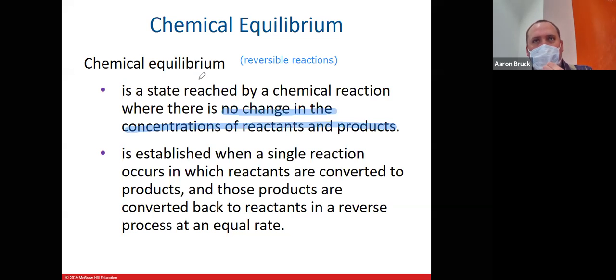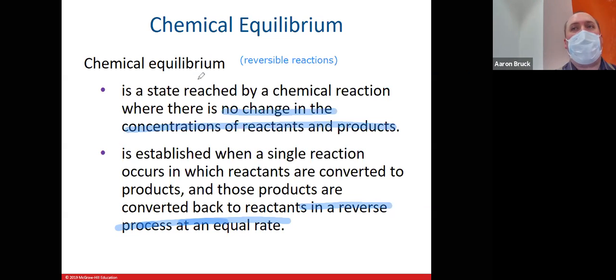However, what's important about this is that even though we're seeing no net change in concentration, that does not mean that the reactions are stopped. Both processes are occurring at an equal rate to each other.